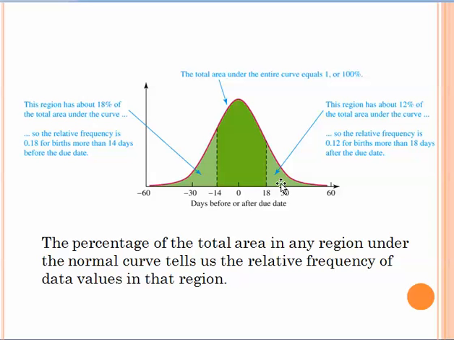The relative frequency is 0.12, so it means that 12% of the births occur more than 18 days after the due date. Okay, so that's some of the ways the normal distribution is useful. If you can figure out what percentage each region of the area under the curve represents, then you can analyze the information and make decisions using this normal distribution curve.